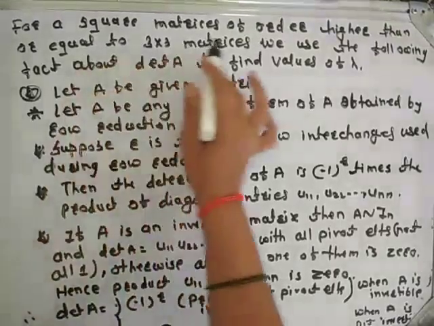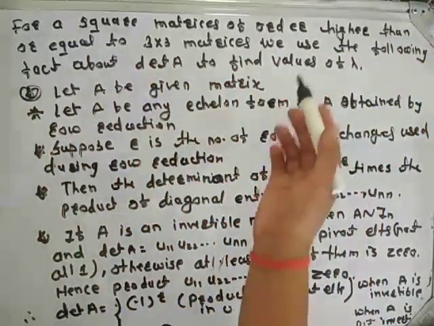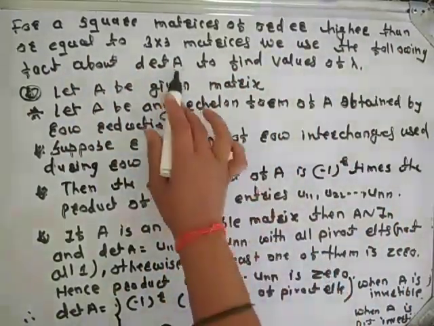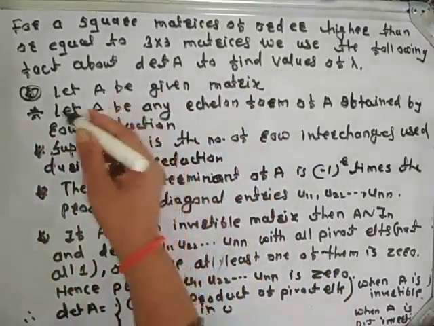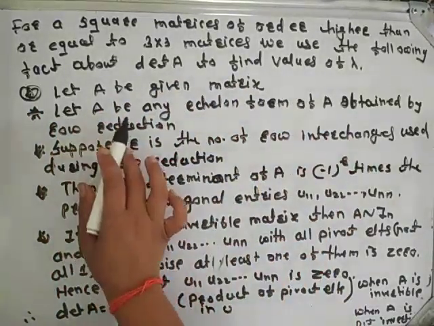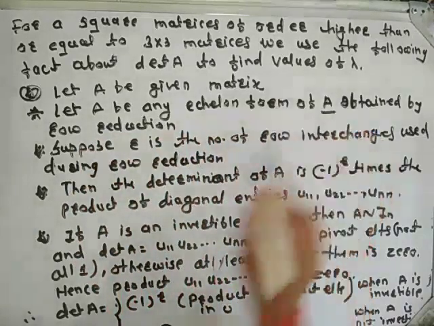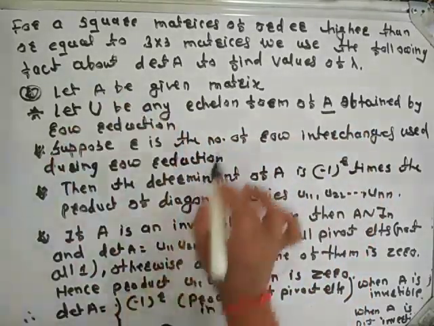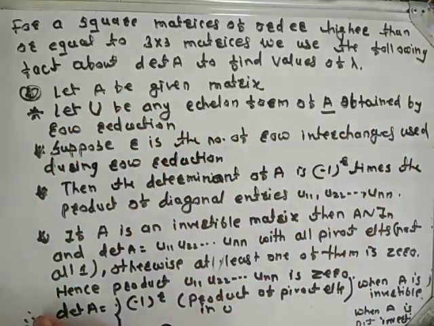Now see, for square matrices of order 3 by 3 or higher, we use the following fact about the determinant of A to find values of lambda. First step: let A be a given matrix, and let U be any echelon form of A obtained by row reduction.